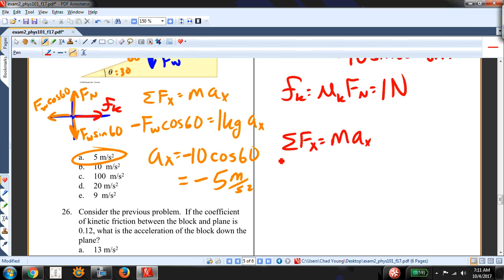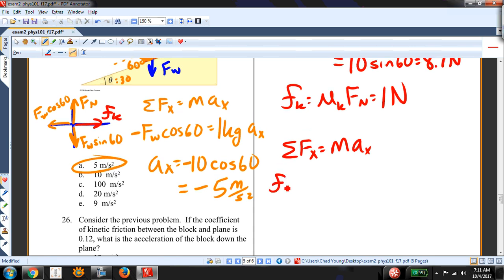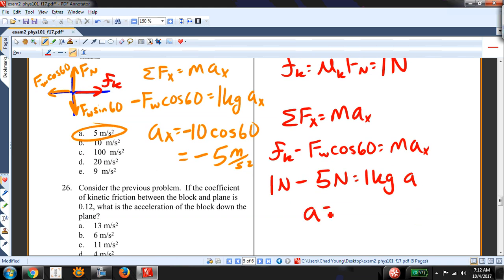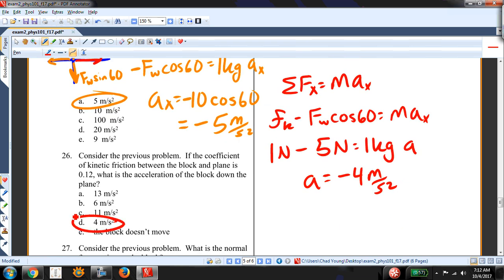That is Fk minus Fw cosine 60 equals max. Fk is 1 newton minus Fw cosine 60, that's 5 newtons, equals, what's my mass? 1 kilogram times the acceleration. So the acceleration is minus 4 meters per second squared, or D is 26.